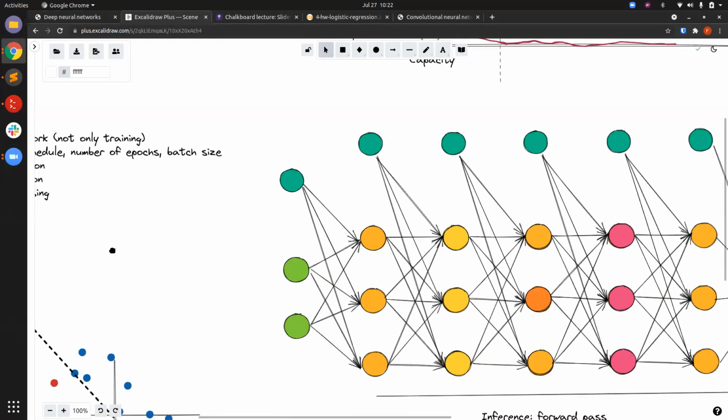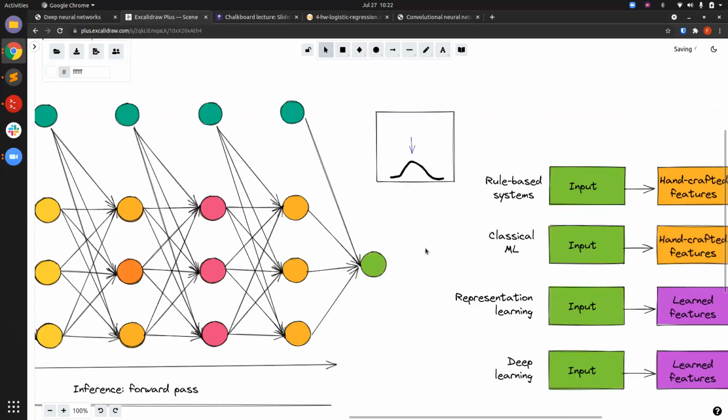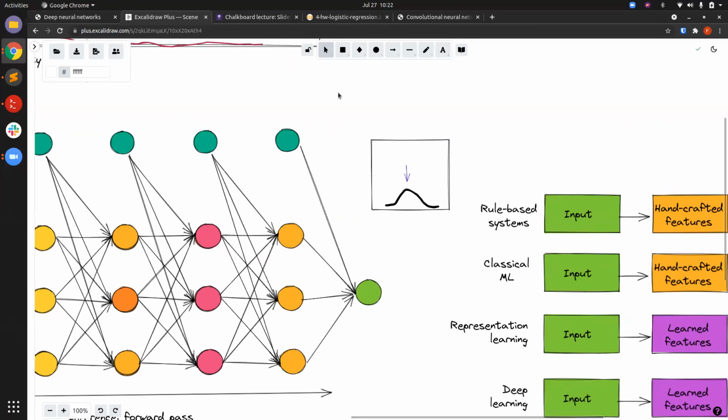So my hand wavy intuition for this is something like this. Remember that when we initialize the weights at the beginning, we said we want to initialize weights so that most of the units will end up right near the middle of the activation function.